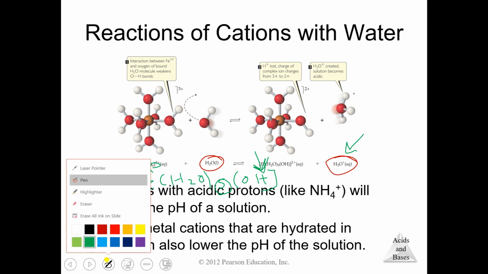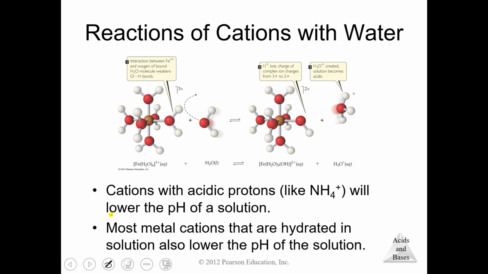The point is, the big picture is that cations with acidic protons like NH4+ will lower the pH of the solution. That should make sense to you because this NH4+ will eventually revert to NH3 and lose a proton into solution.